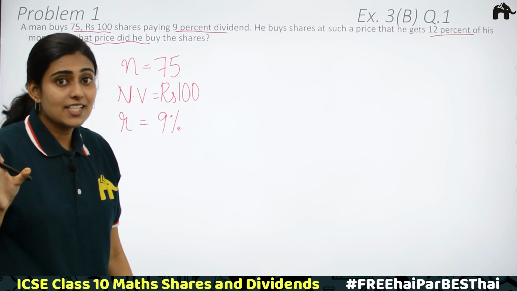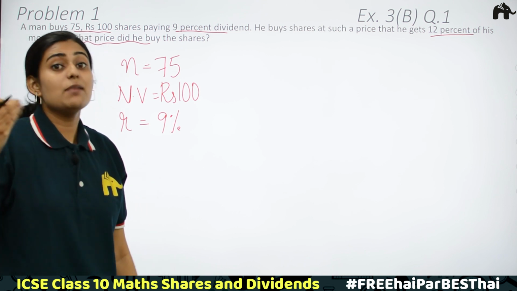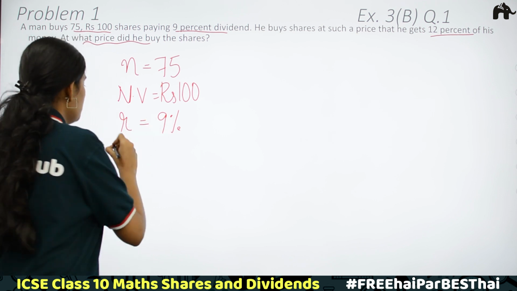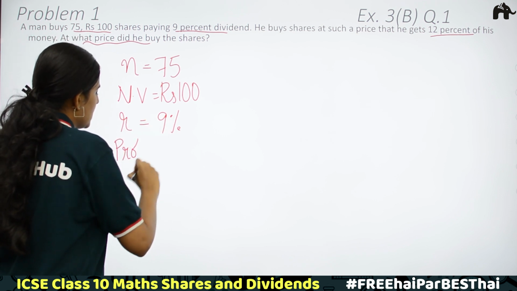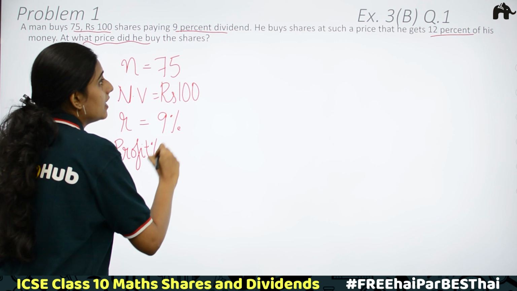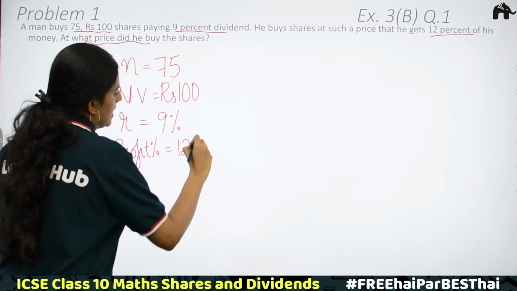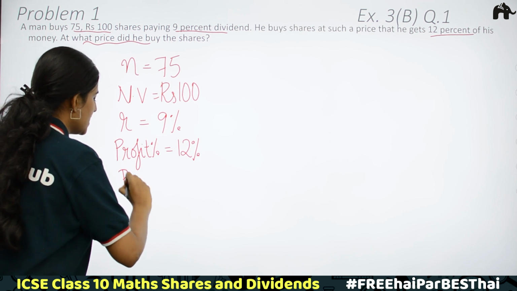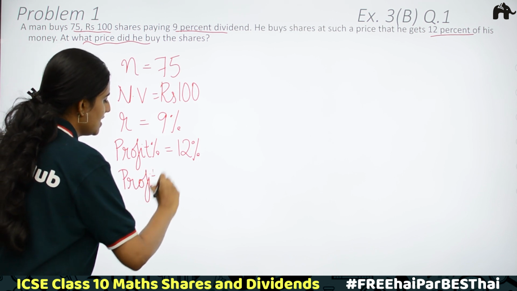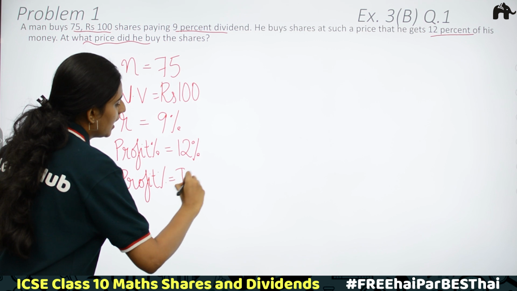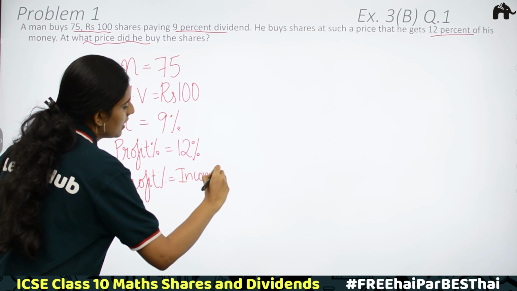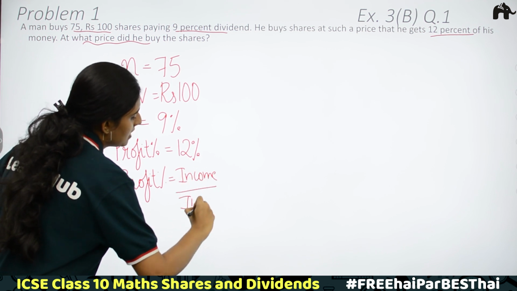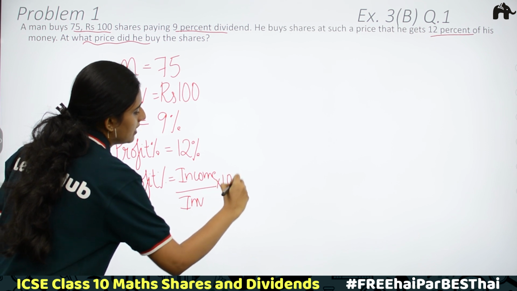What is this 12%? Yes, 12% is the profit percentage. Profit percentage is given, which is equal to 12%. We have a formula to find profit percentage. Profit percentage is equal to income by investment into 100.